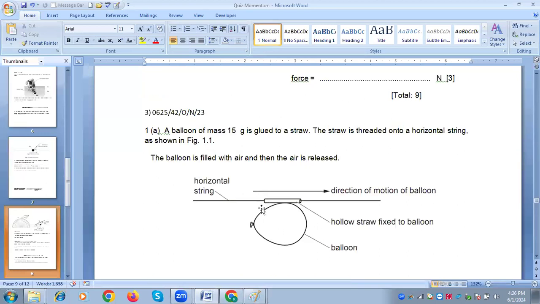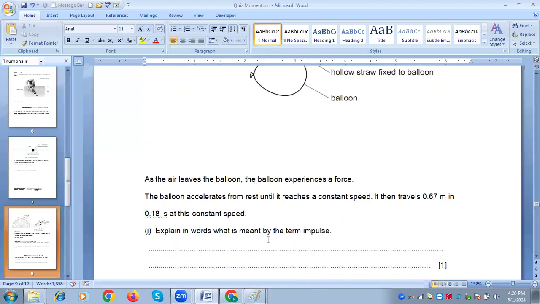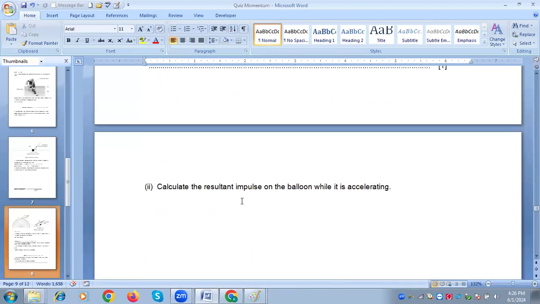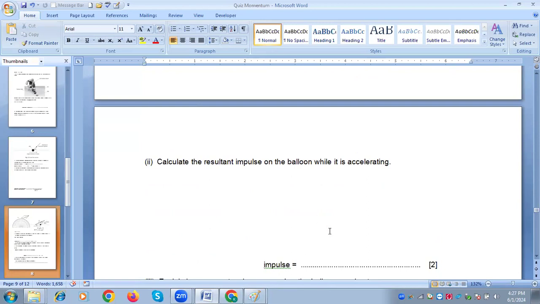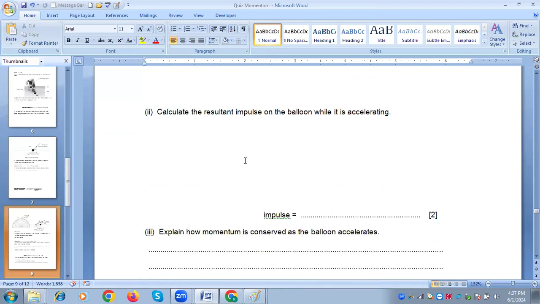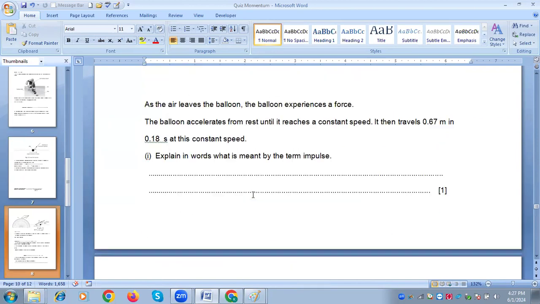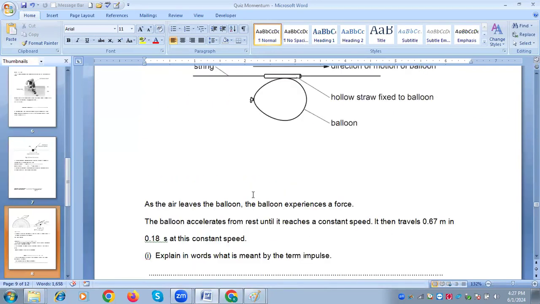Any data missing? F is equal to ma. So A is, any data missing?